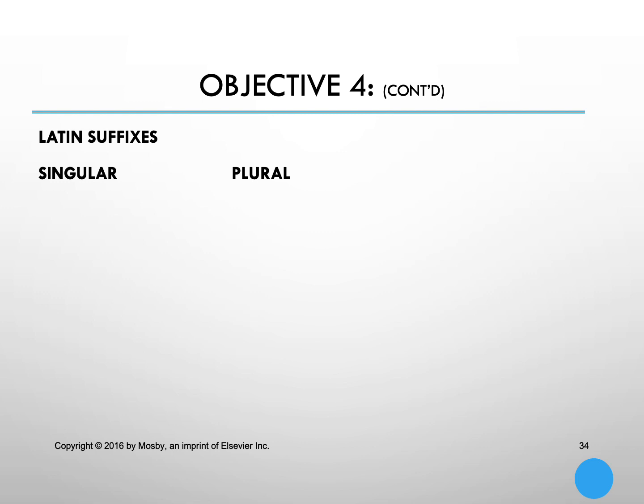So let's look at some word examples. The first one is bursa to bursae. So bursa is this little fatty-like cushion that often occurs in our really large joints, like our knee. And so bursa in the knee or bursae in the knee, one or more than one.